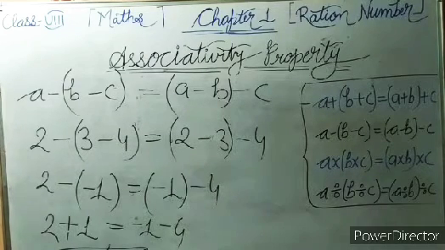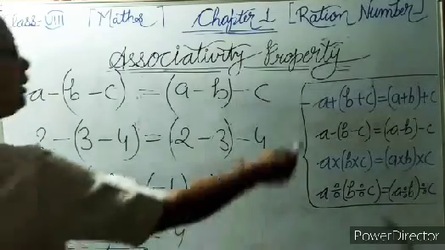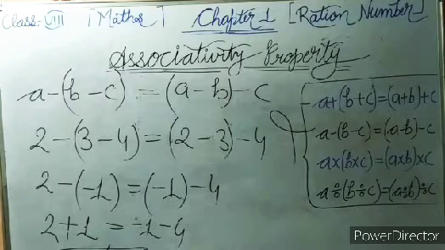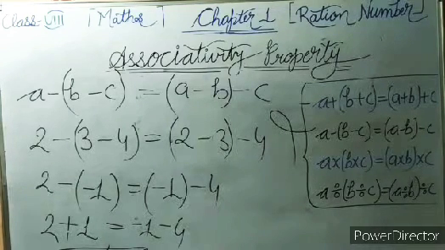It is not equal. So subtraction is not associative, for natural numbers, whole numbers, integers as well as rational numbers.